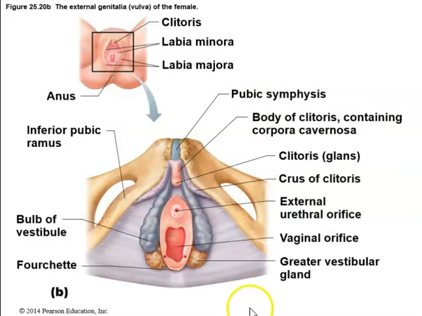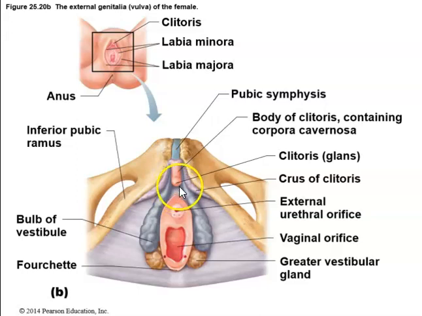So again, just the boundaries that we can see. So here we see the pubic arch, and then the pubic symphysis here. You can see the body of the clitoris that also can contain corpora cavernosa, just like the male penis.